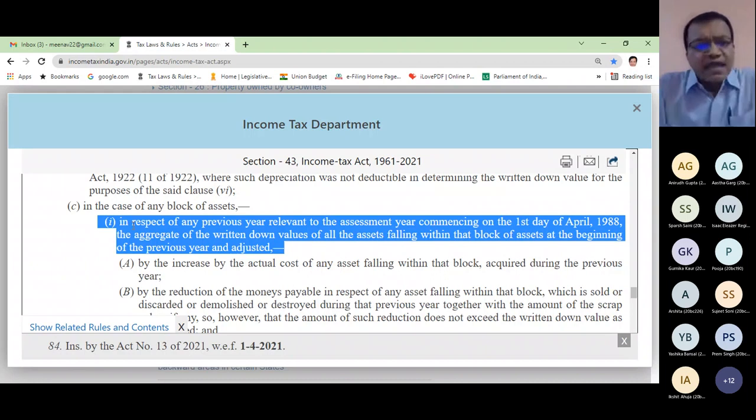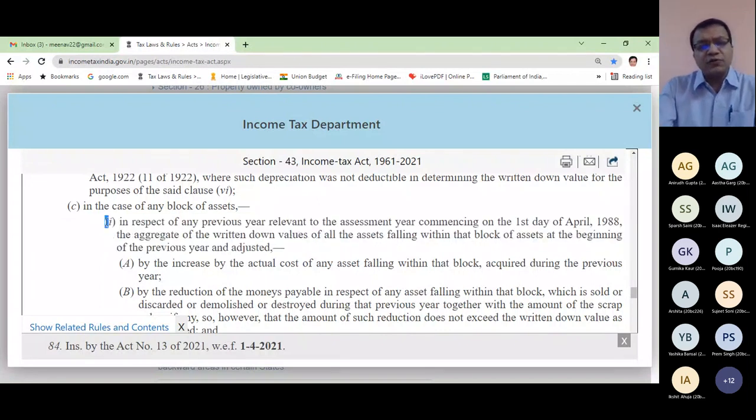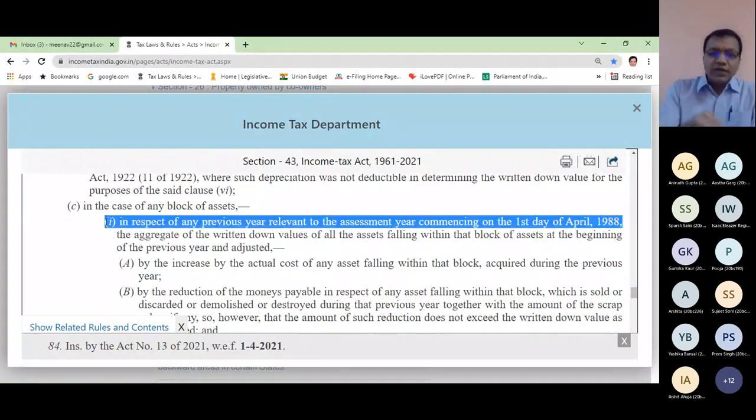In respect of any previous year relevant to the assessment year commencing on 1st day of April 1998, the aggregate of the written down values of all the assets falling within that block of assets at the beginning of the previous year and adjusted. Of course, it is a little bit technical, but if I simply ask you the meaning of line number 1, can you tell me what this first line says?